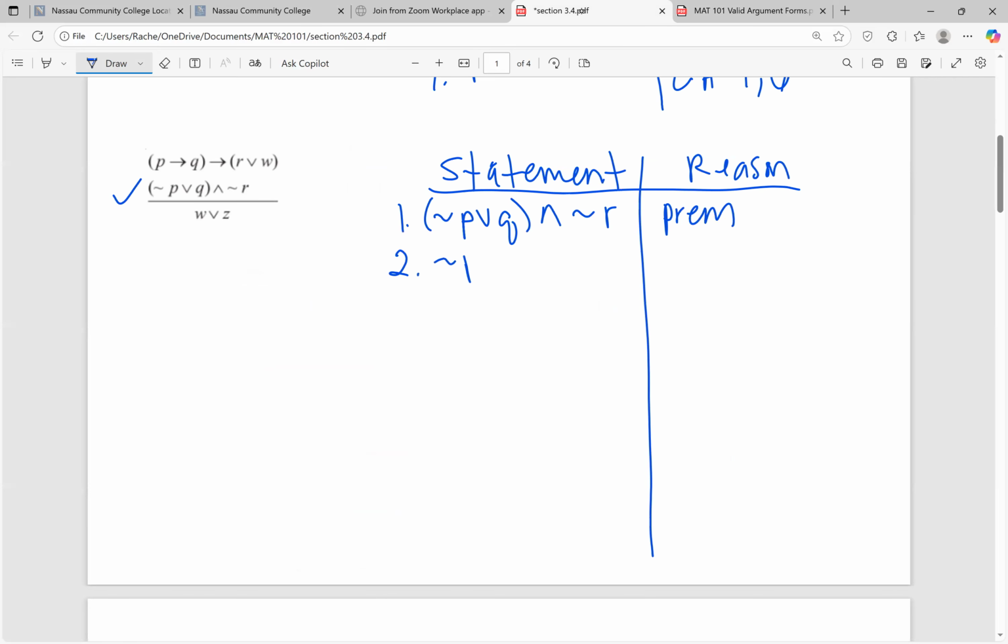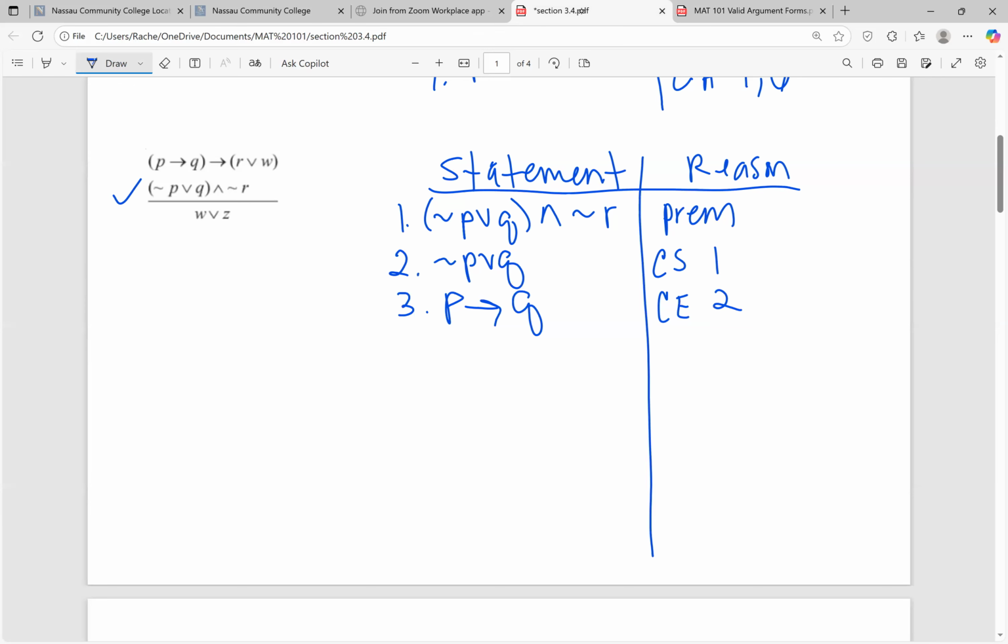So I'm going to state not P or Q as being true, and that's because of the conjunctive simplification on statement 1. And now we could say, okay, not P or Q is equivalent to P implies Q, right, from the conditional equivalence. So I'm using the conditional equivalence on statement 2.